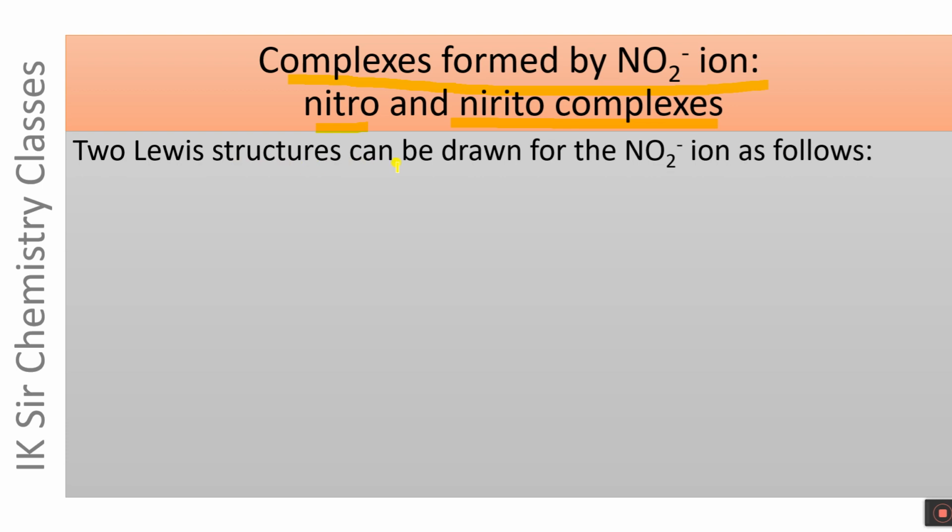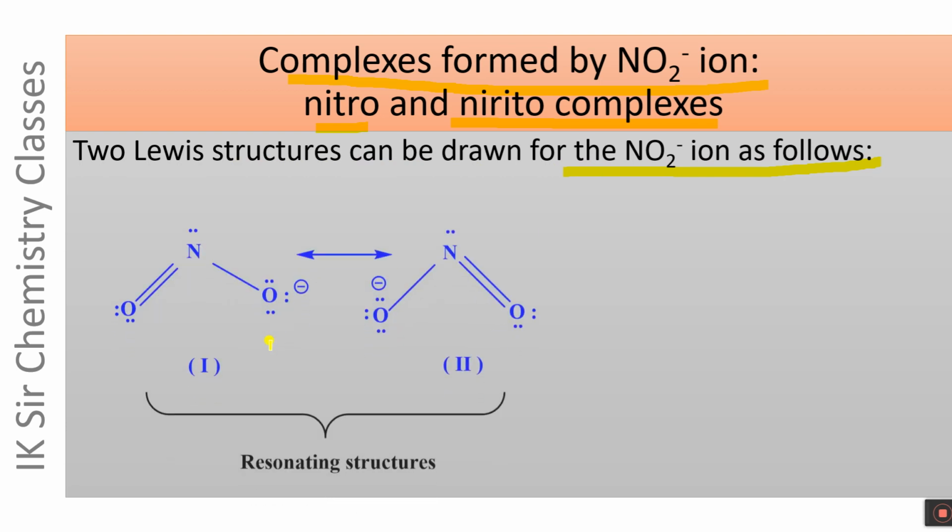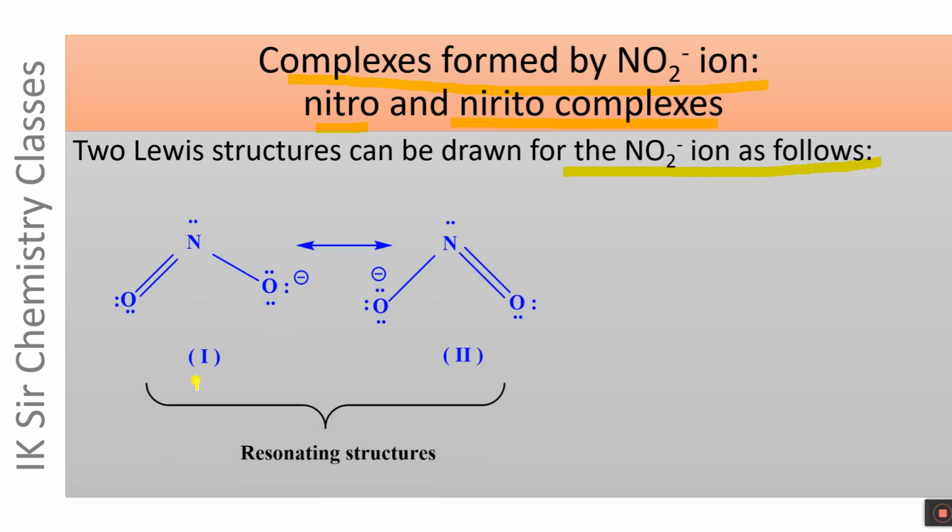Two Lewis structures can be drawn for the NO2 minus ion as follows. These are two Lewis structures for NO2 minus ion, structure number 1 and structure number 2. These are called resonating structures for NO2 minus ion.